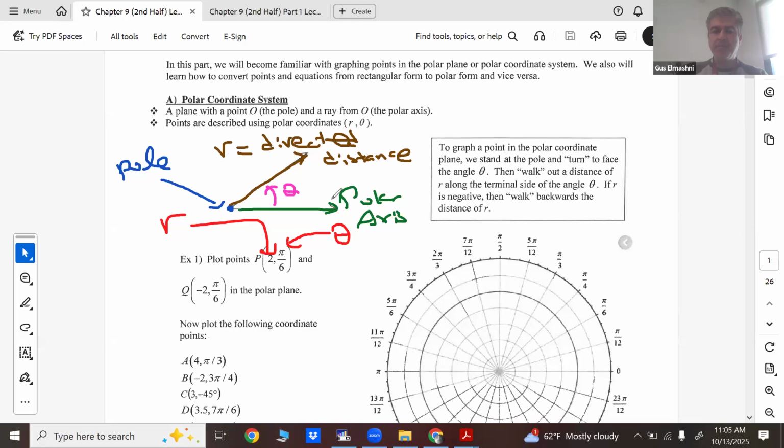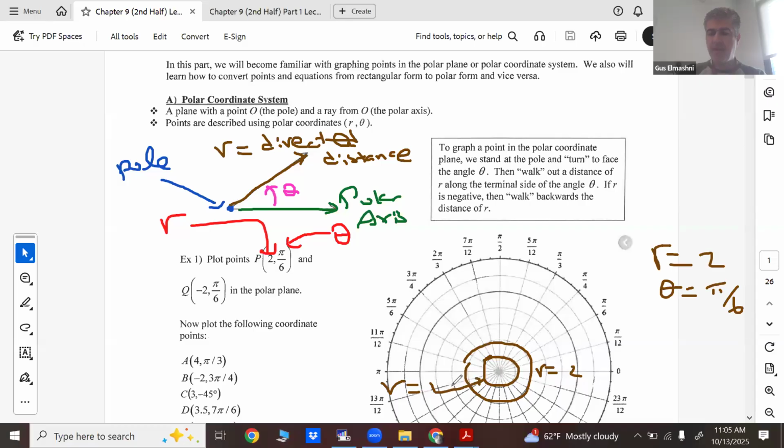So here's the deal. If r is 2 and theta is pi over 6, you want to locate the circle with a radius of 2. This circle I'm tracing right now, we'll call that r equals 1. This one we'll call r equals 2. So that's r equals 2 on the outside, and that's r equals 1 on the inside. And if I travel pi over 6, I'm over here.